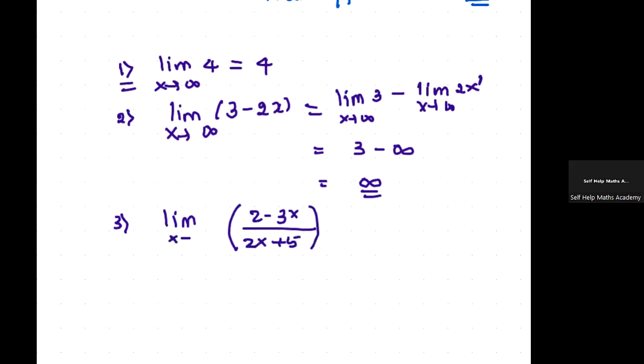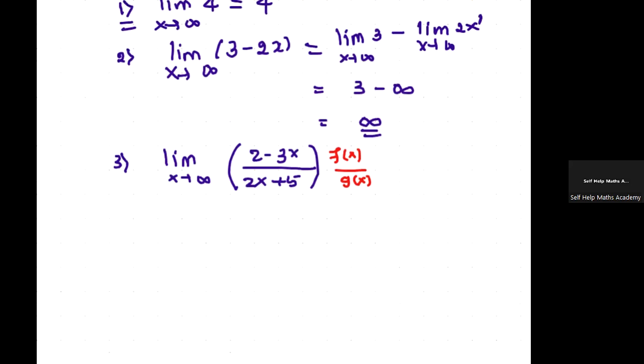Now we can observe this function is like f of x divided by g of x. And we have discussed that whenever it is of this form, we need to find out the highest power of x in the denominator. So in this case, you can see the highest power of x is 1. So we can just take it out.